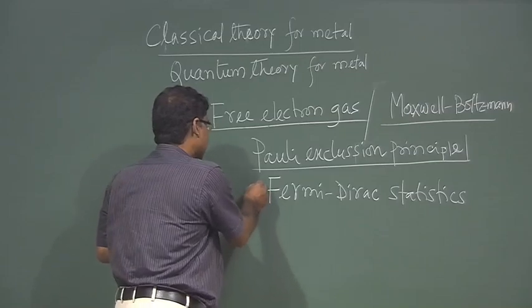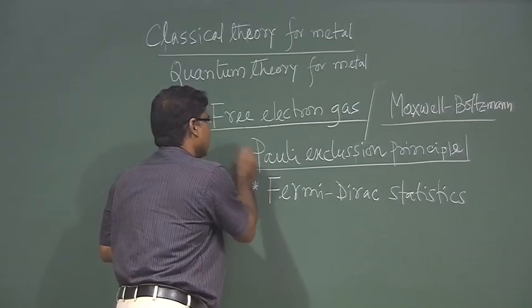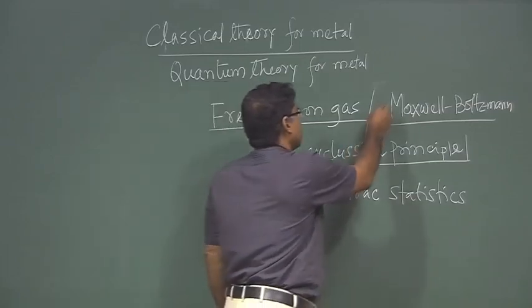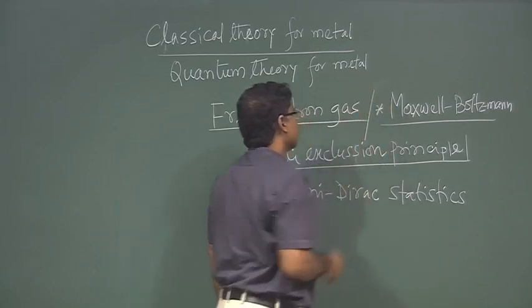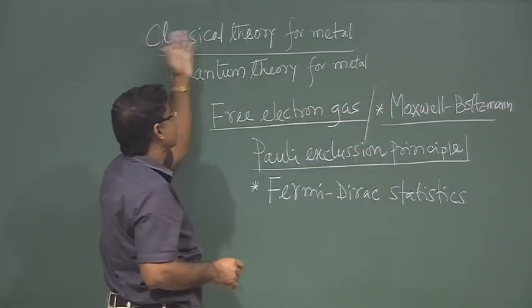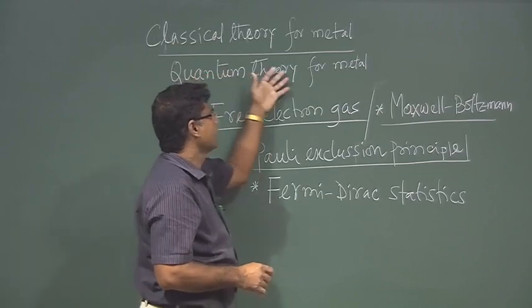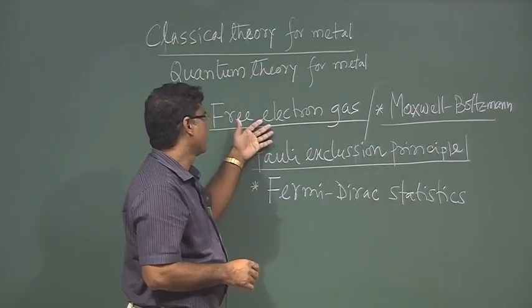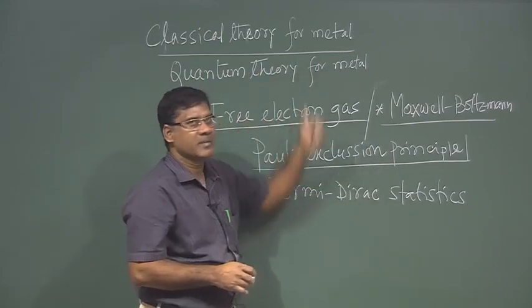So, that was the main difference between the classical theory and the quantum theory for free electrons of metals. Okay.